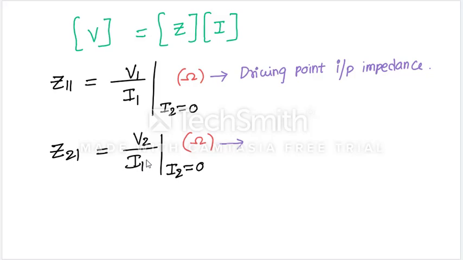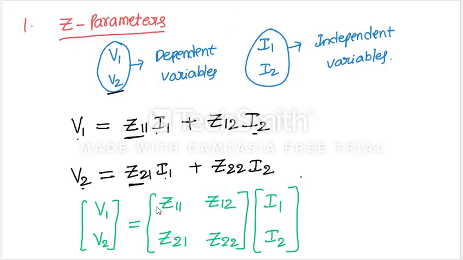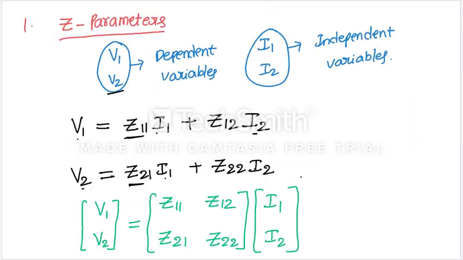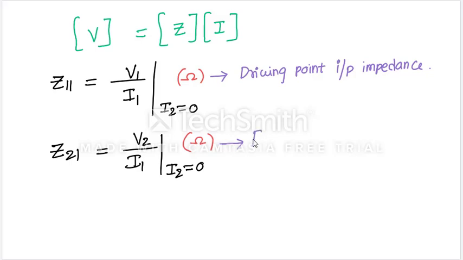But what type of impedance is it? 1 to 2 is called forward, 2 to 1 is called reverse. Port 1 to port 2 is happening, so we can say this is the forward transfer impedance.